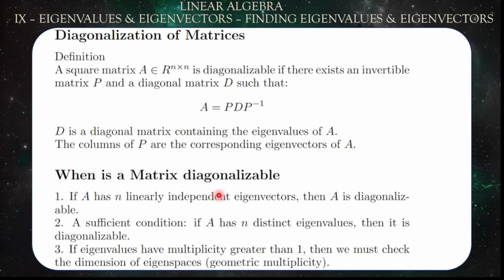Now, when is a matrix diagonalizable? 1, if A has n linearly independent eigenvectors, then A is diagonalizable, meaning the number of independent eigenvectors should be equal to n. 2, a sufficient condition: if A has n distinct eigenvalues, then it is diagonalizable. 3, if eigenvalues have multiplicity greater than 1, then we must check the dimension of the eigenspaces, or geometric multiplicity.